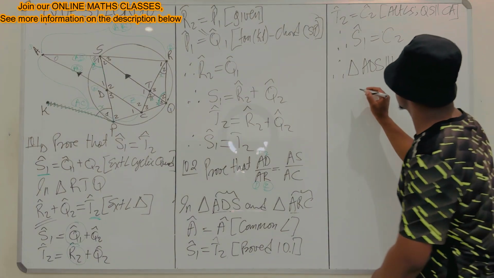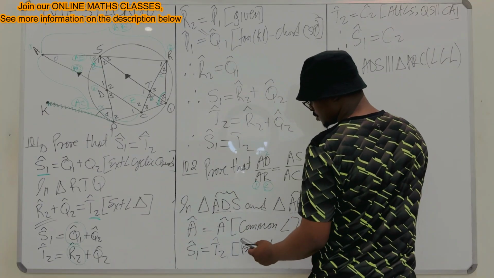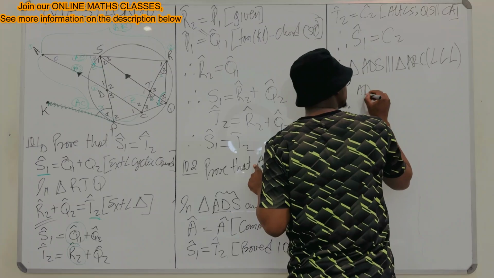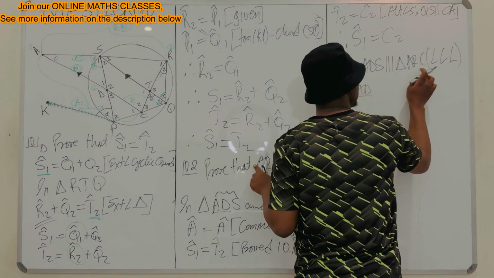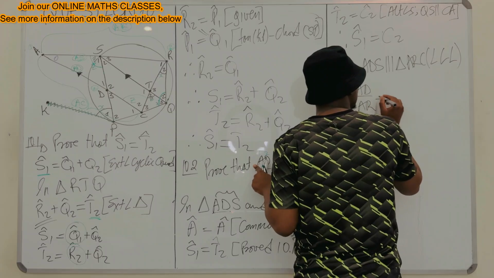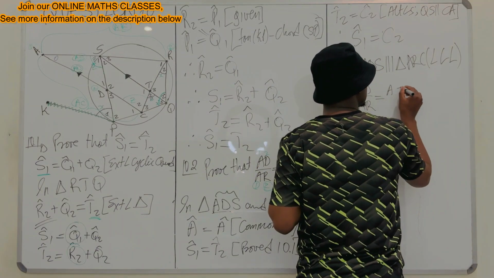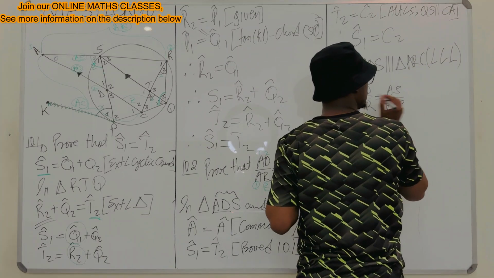Therefore, if these two triangles are similar, the ratio of the corresponding sides are going to be equal. Which means, look now, you're given AD. Where is AD? AD is this. So your AD over AR should be the same as AS, first and last, which is AC there.